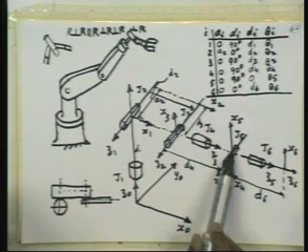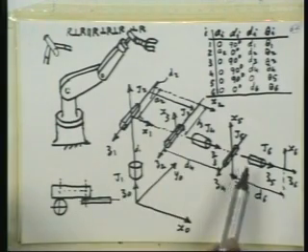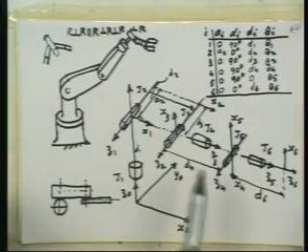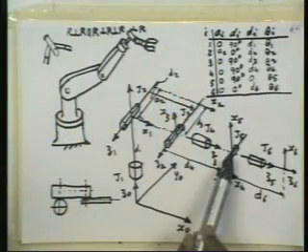Now the global position of this point can be obtained in terms of the 3 rotations before that particular point, that is theta 1, theta 2 and theta 3, because this point is also a fixed point on the third link's reference frame.